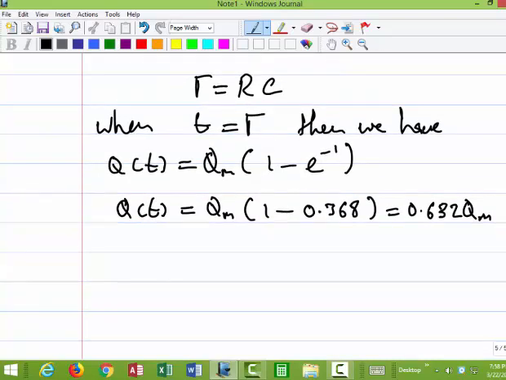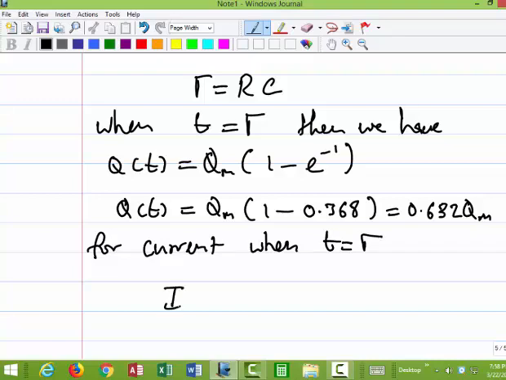And then for the current, when t is equal to tau, the current I of t is equal to I max e raised to the power minus 1.